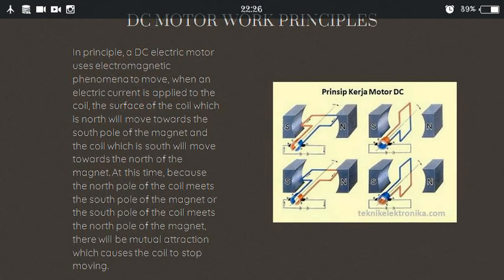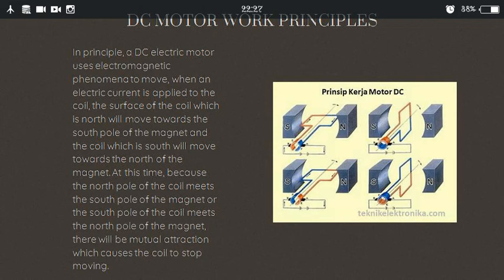Second, the DC motor principle. In principle, a DC electric motor uses electromagnetic phenomena to move. When an electric current is applied to the coil, the coil with its north pole will move toward the south pole of the magnet, and the coil with its south pole will move towards the north pole of the magnet.